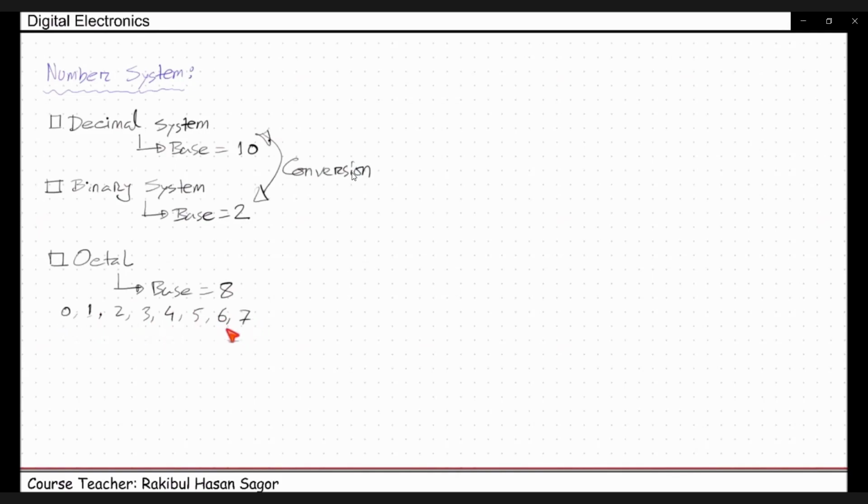These are the symbols for the Octal System. So after 7, if we want to represent our next number, as we do not have any other symbols for the Octal System, the next number will be 10. Here 10 in the Octal System means 8 in the decimal system.